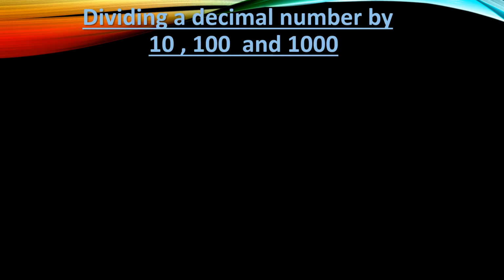Dividing a decimal number by 10, 100 and 1000. First example, the number is 53.7. You have to divide it by 10.